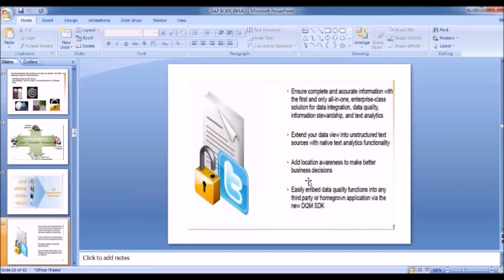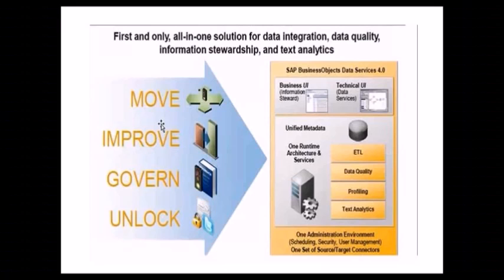Add location awareness to make better business decisions. We will talk about this point in the next 2 slides. Easily embed the data quality functions into any third party or homegrown applications via the new DQM, data quality management SDK. So simply we are saying that this is the first and only all-in-one solution for data integration, quality and information steward.